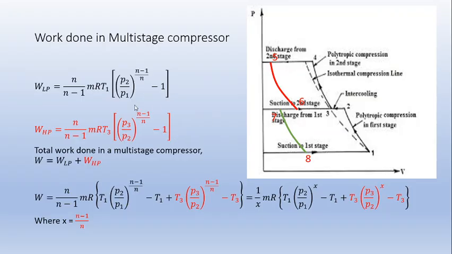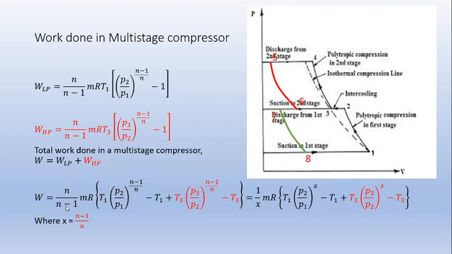So WLP is the work done by the low pressure cylinder and WHP is the work done by the high pressure cylinder. So the total work done in a multi-stage or two-stage compressor is equal to WLP plus WHP.